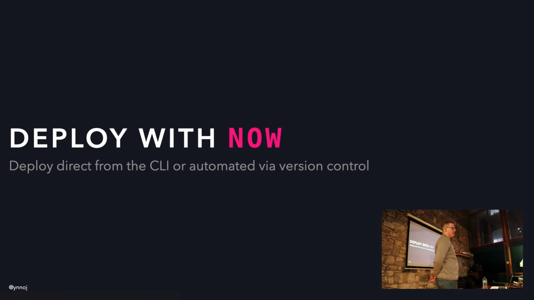What's even better, in my opinion, is the integration with version control. Using GitHub, or as of a few days ago, GitLab, they support GitLab now. Every commit to version control is an immutable deployment. So you can commit to your pull request, and you get a new instance of that commit to test whatever you want.